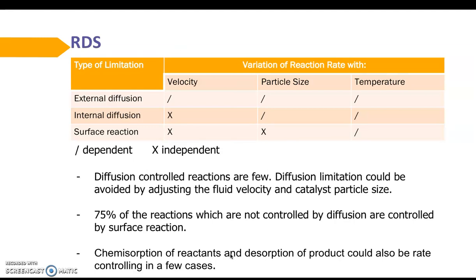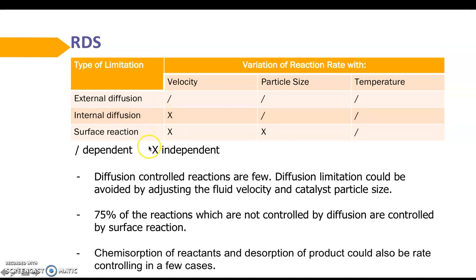For RDS, the types of limitation are external diffusion, internal diffusion, and surface reaction. External diffusion is steps 1 and 7. Internal diffusion is steps 2 and 6. Surface reaction is step 4.